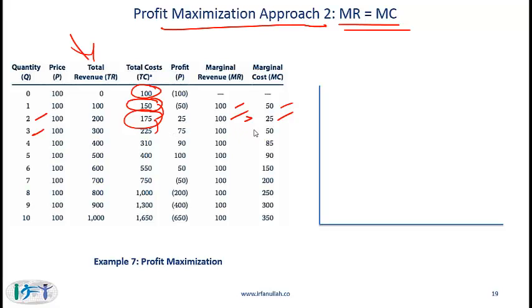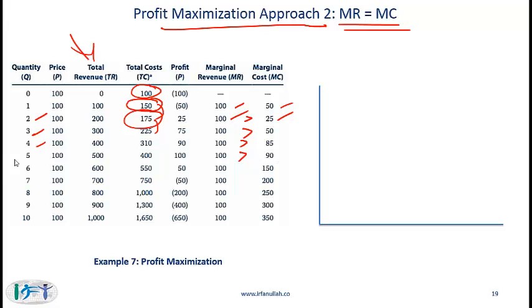In fact, the marginal revenue is always 100. Since the marginal revenue is greater than the marginal cost of 50, we keep going. With item 4, again, we keep going because marginal revenue is greater than marginal cost. With the next item, again, marginal revenue greater than marginal cost, so we keep going.